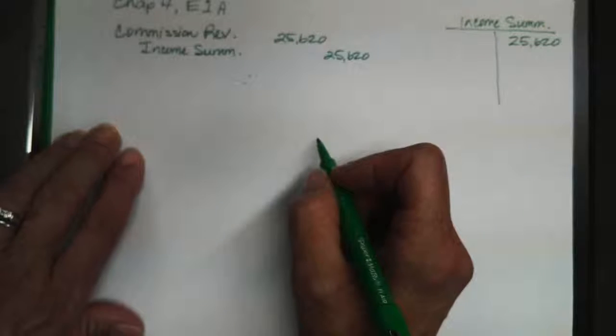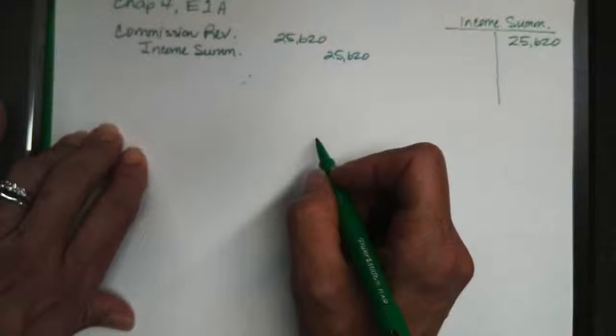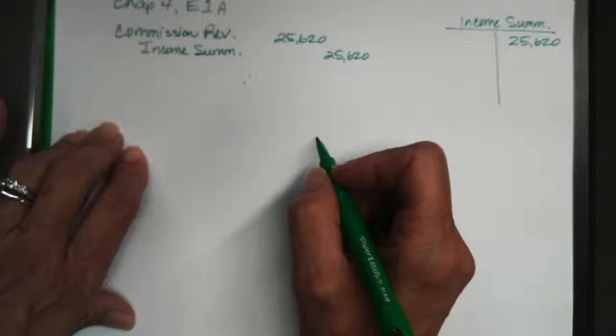Okay. Going to make myself a little general ledger account over here for the income summary, and go ahead and post that credit. Now, the next thing I'm going to do is I'm going to close all the expenses.